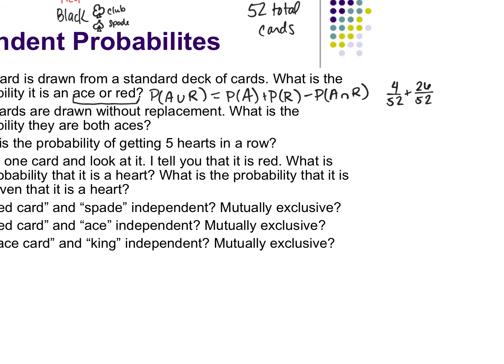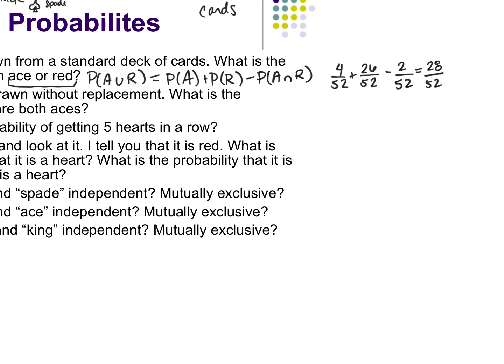But the ace of hearts and the ace of diamonds is in both of those numbers, right? So we have to subtract the 2 cards that are both red and an ace. So what's my probability? 28 out of 52, which is 0.5385.